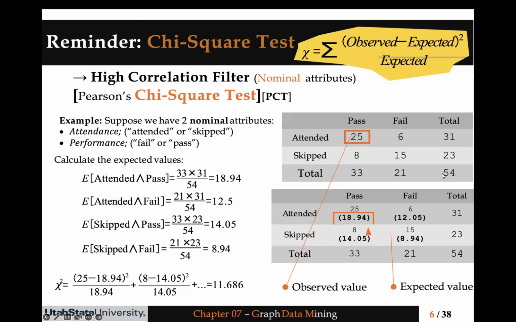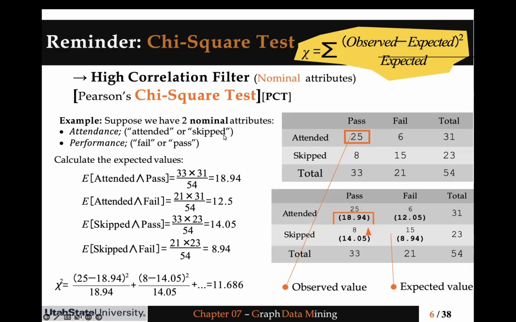So to apply the chi-square test, we now ask, what would these counts look like if attendance had no effect on passing, right? If these two variables have absolutely no relationship. That's where we want to find the expected value, which is the next step in the process.